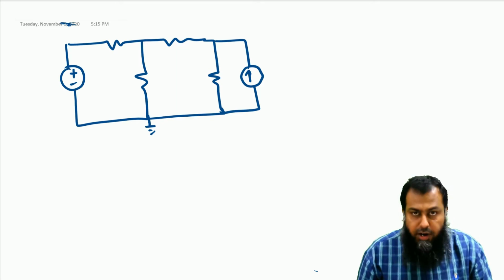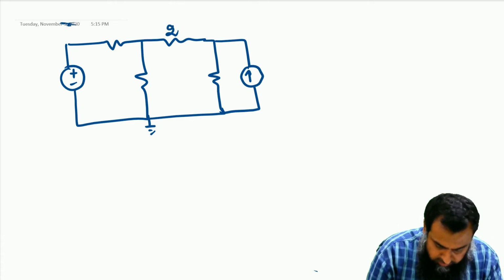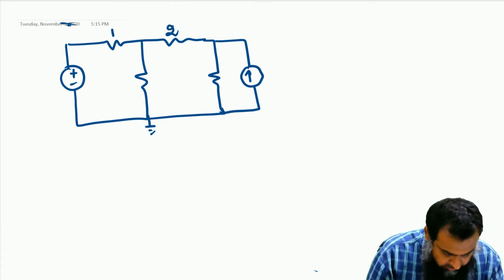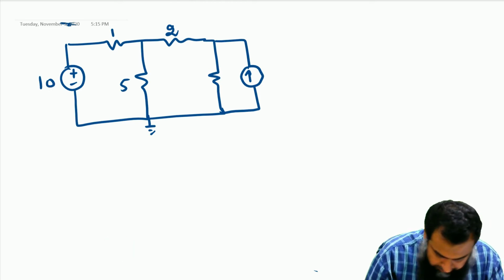Suppose it is required to find the current flowing through this 2 ohm resistance. Let us mark the values here as well. This is 5, this is 10, this is 2, this is 10.